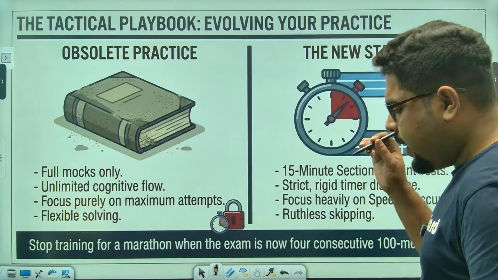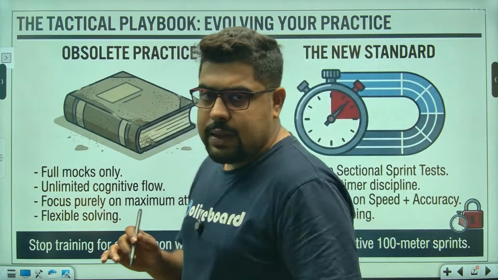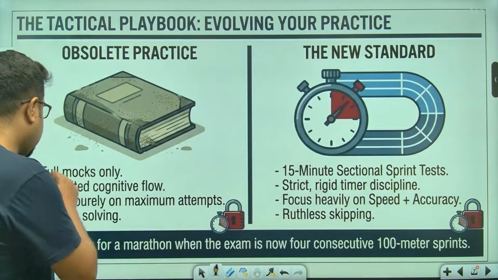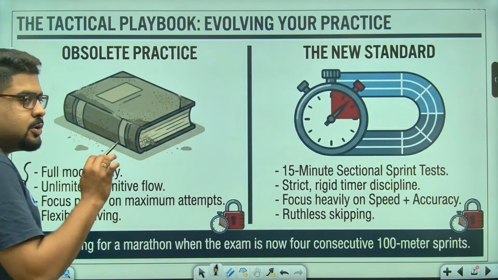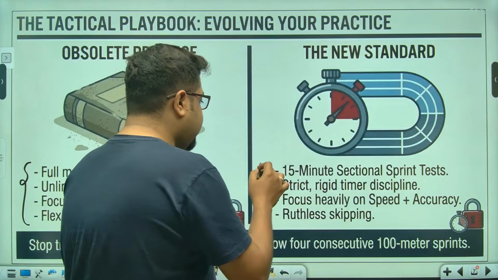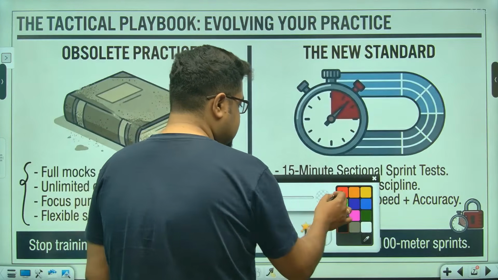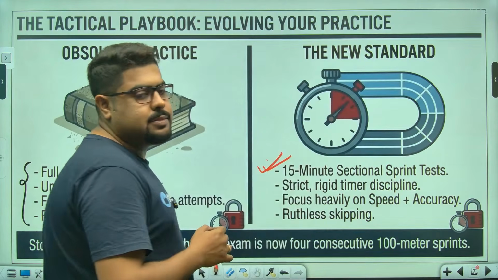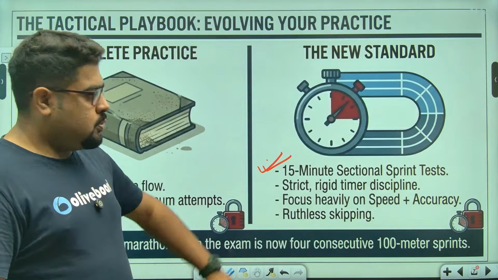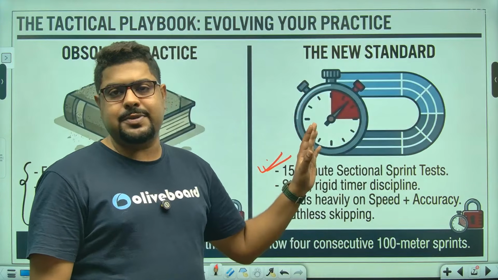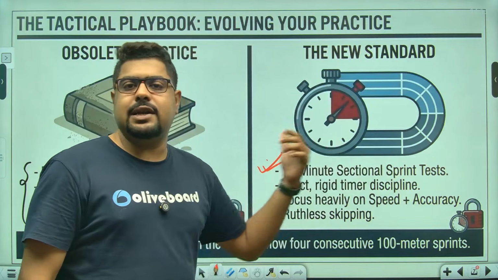Now, what you must do, how to prepare yourself. It's not the time to go for full mocks, or even if you go for full mocks, here is what you need to do. Start your preparation with 15-minute sectional tests. The new pattern tests which are available on our website, just go with sectional tests.